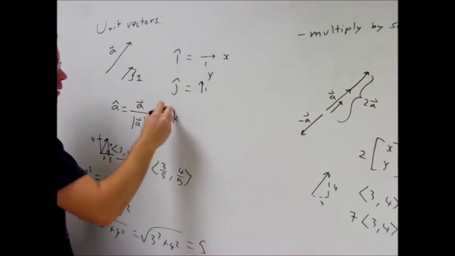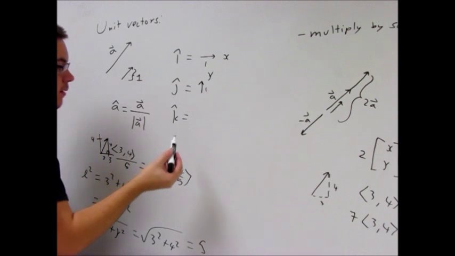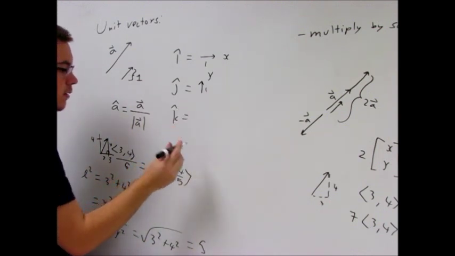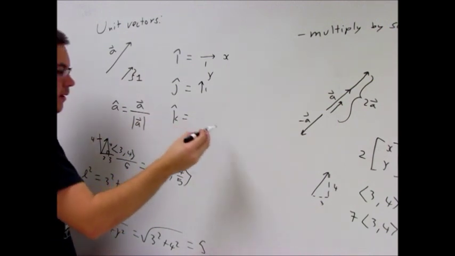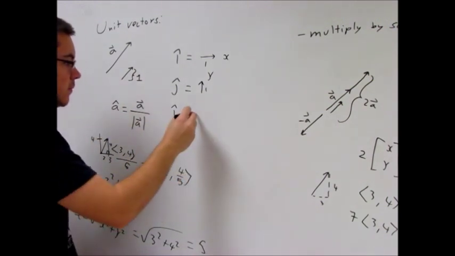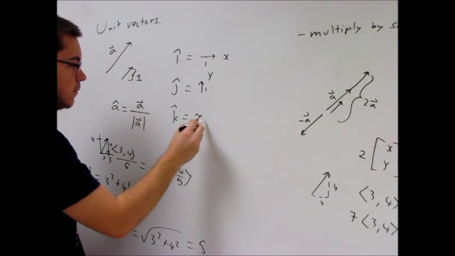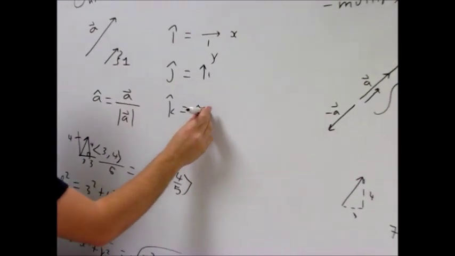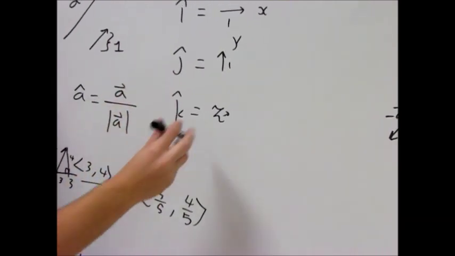And k would be in the z direction, coming out of the board. Let's visualize it like that. And these are all unit vectors, so they'll have length 1.